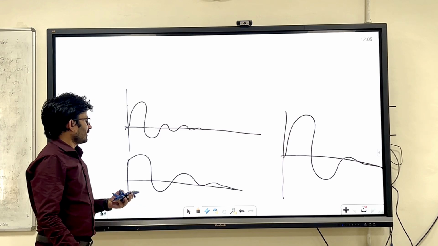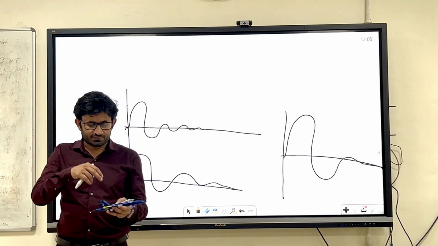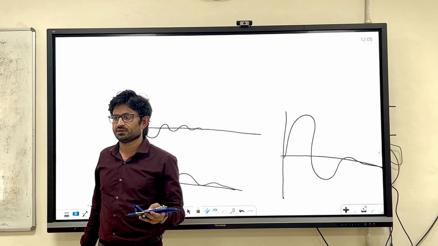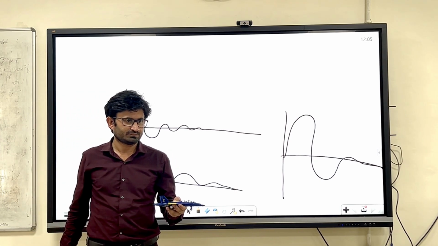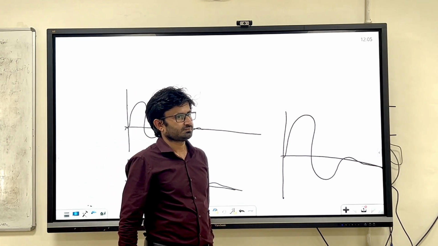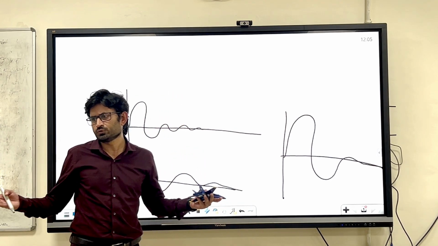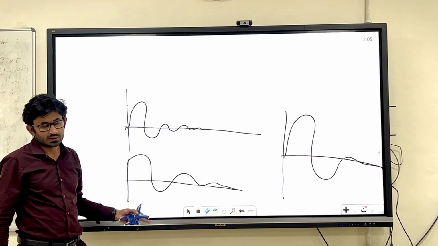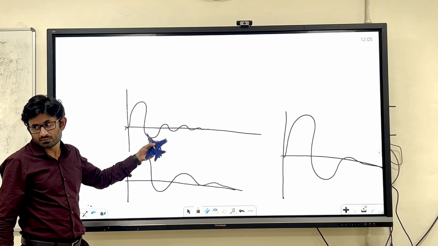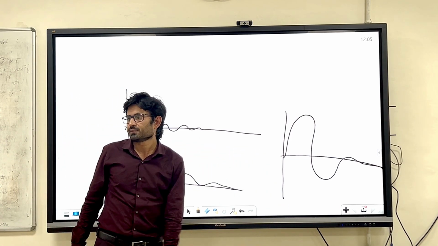So which parameter in aircraft design decides how fast you can damp the system? Because there is an infinite number of solutions, right? This way the system can be damped out, this way can also be damped out, this way can also be damped out.